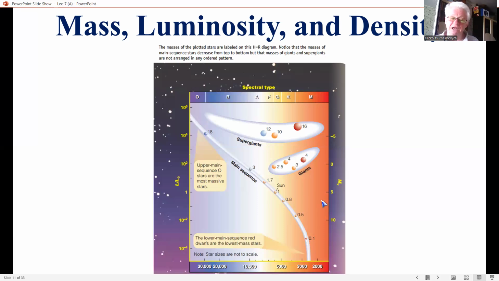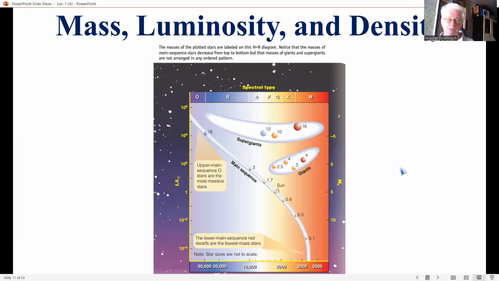Stars that do not lie on the main sequence are not in order according to mass. Giant stars are a jumble of different masses. And supergiants, although they tend to be more massive than giants, are in no particular order in the HR diagram off the main sequence.